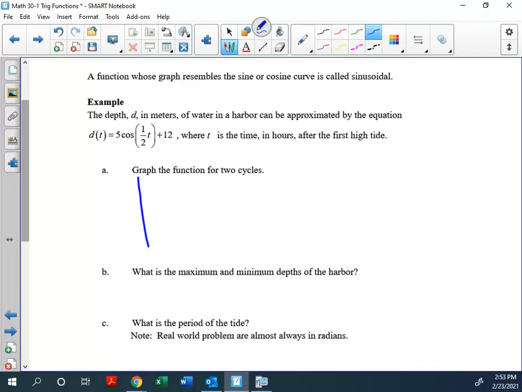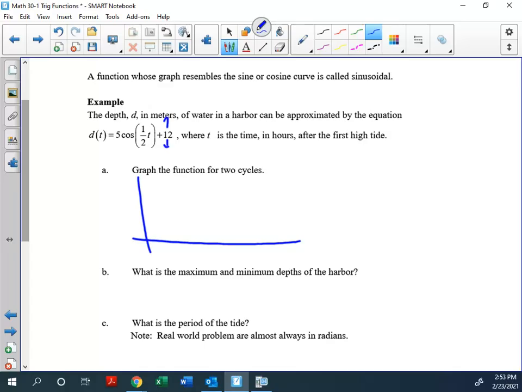Let's figure this out. When I'm graphing, the most important things I need to know to start with are what is the maximum this is going to get to and what is the minimum this is going to get to. And I like to take my d value and add and subtract my a value.